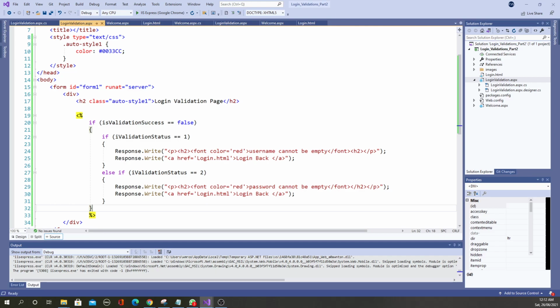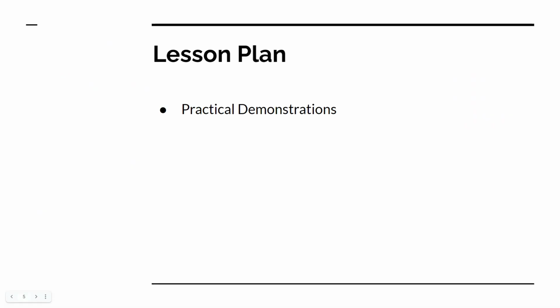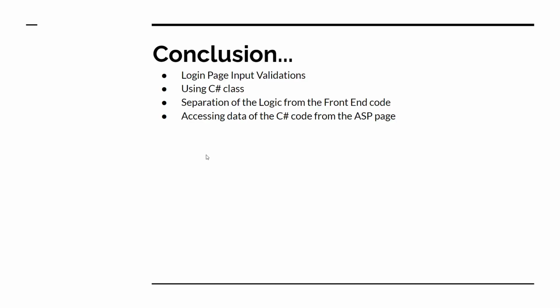Okay, so overall, let's look at the summary of the lesson. We completed the practical demonstration, and what we covered was the login input validation, and we moved the logic into the C# class.